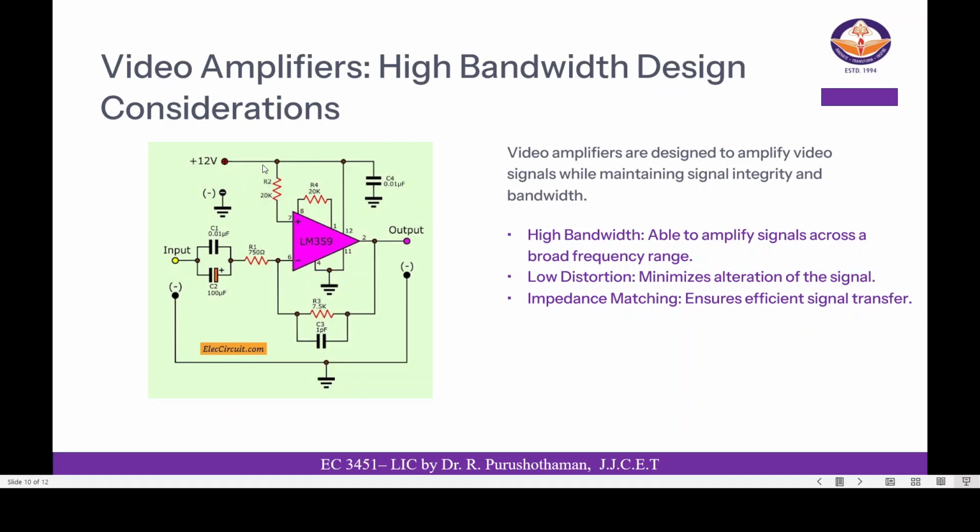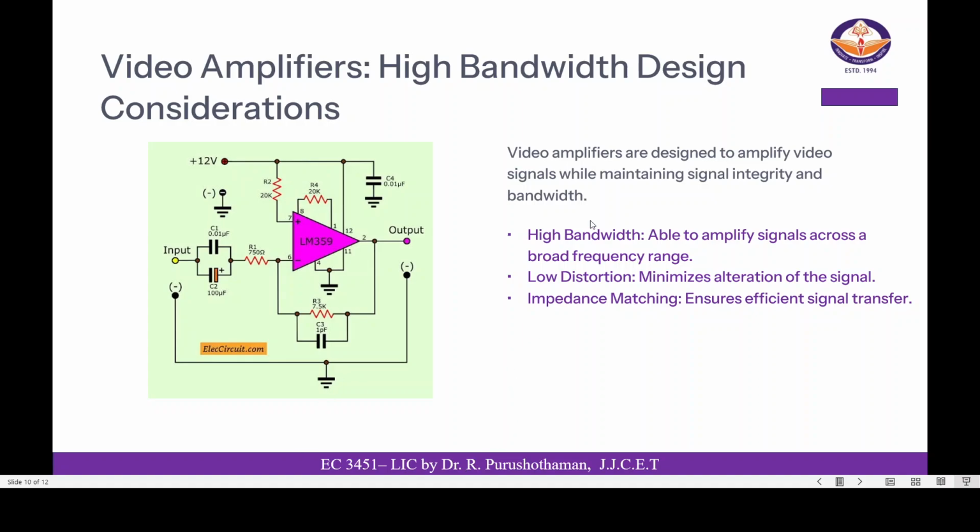Then one more input is given to pin number 7 with 12 volt input, and pin number 2 is given as feedback to pin number 6, and pins 4 and 11 are shorted and grounded, and this is the output you are getting at pin number 2. This is the schematic as well as diagrammatic representation of the video amplifier.